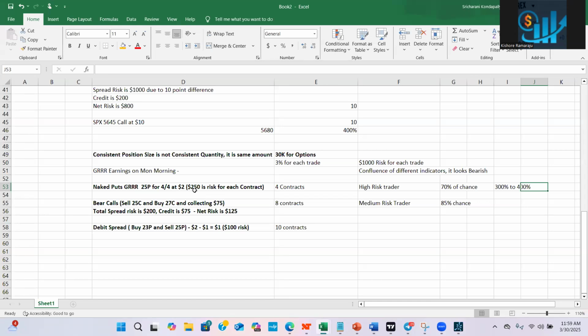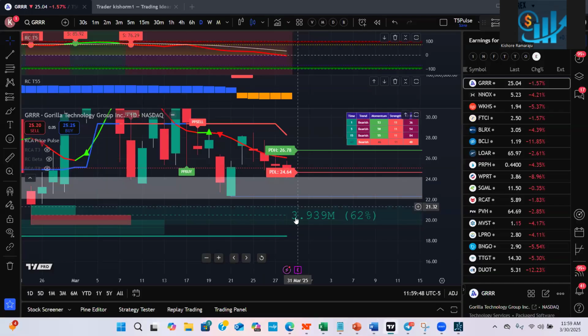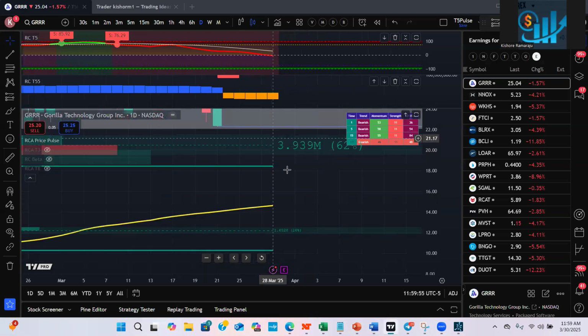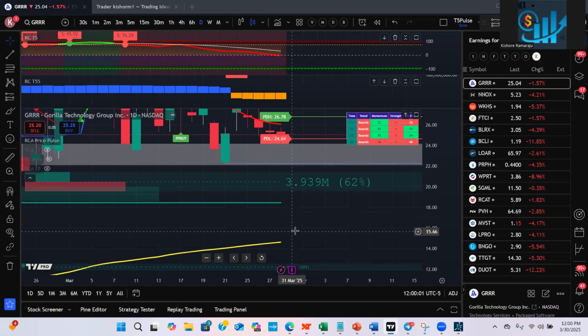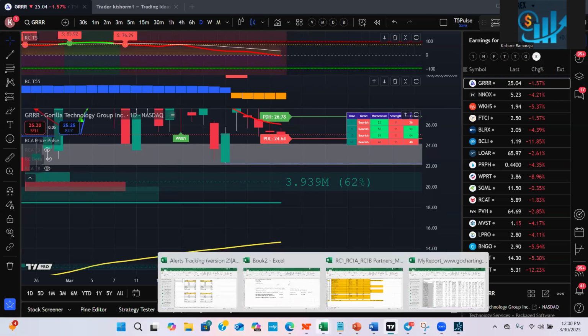Here you are risking $250, but if it drops to 20 and just stays there, or suddenly there are more sellers, then it can even drop further, come all the way to $12, or come somewhere here where the EMA 200 is. So then you have a high possibility to make nice profits, 300, 400%.